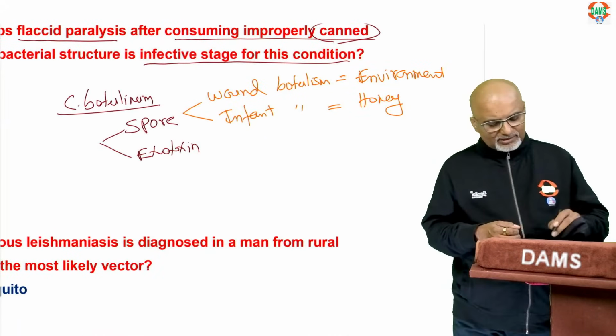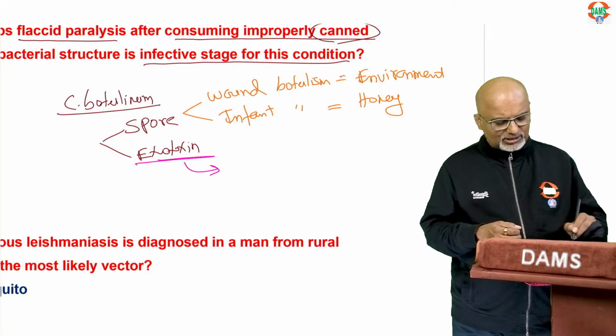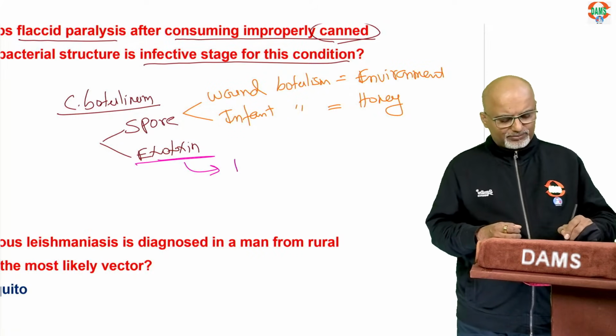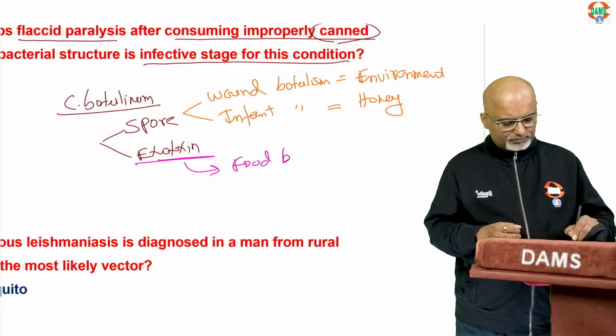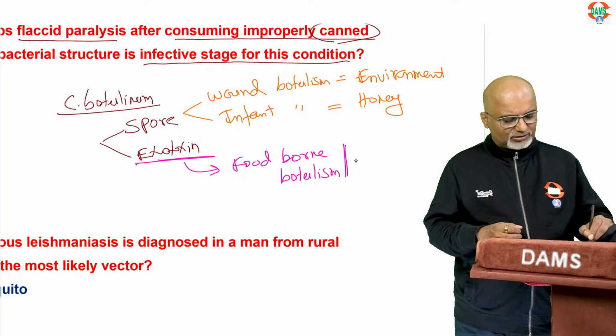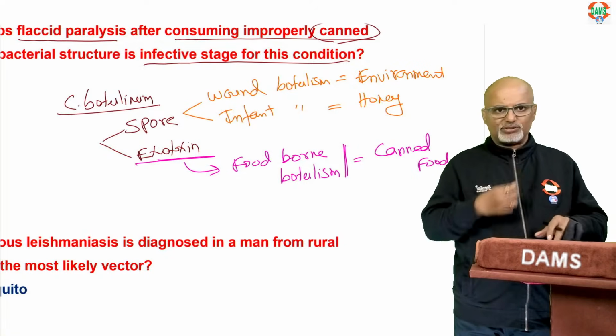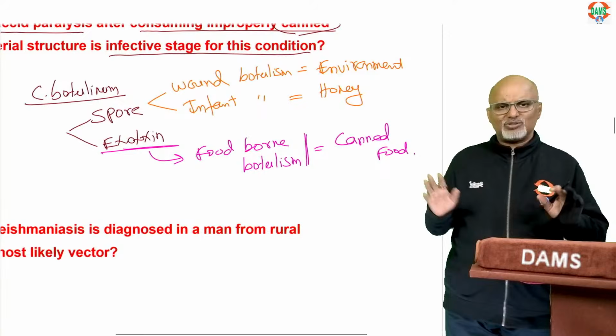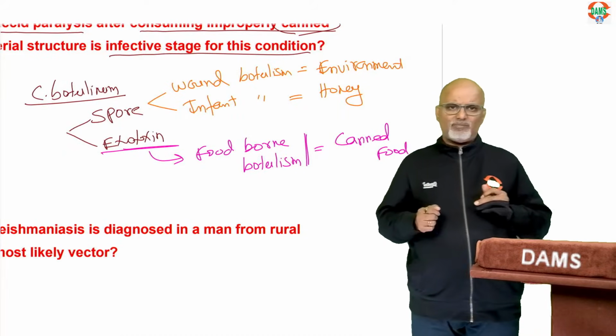And exotoxin causes foodborne botulism. And sources: canned food, improperly canned food, homemade canned food. That's all. This is the magic.